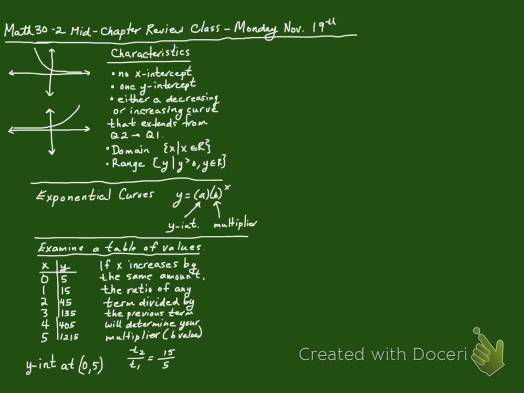So we know now that 15 divided by 5 is 3. We can look at putting an equation together for this. ab to the power of x. A is the y-intercept, which is 5. B is our multiplier, which is going to be multiples of 3 to the power of x. Try that on your calculator and see how that works.